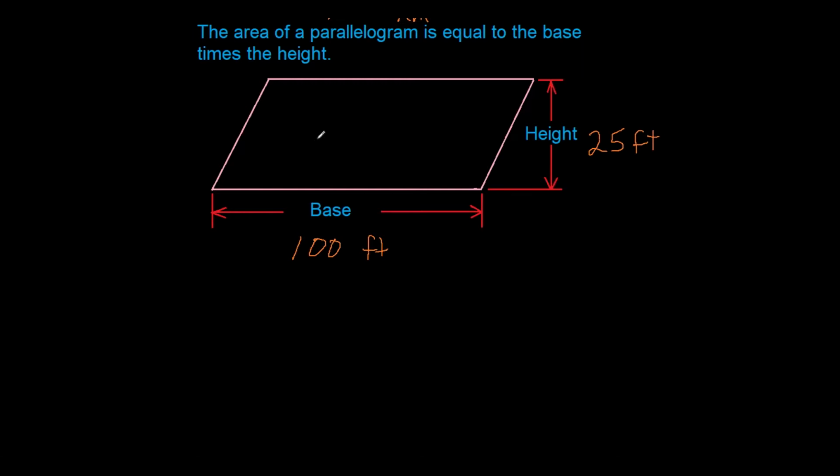This would be 2,500 square feet. 100 times 25 equals 2,500 square feet. Or you could write it as 2,500 feet squared. Both of these are accurate. So let's scroll down a little bit, and we will do one or two questions from the book.